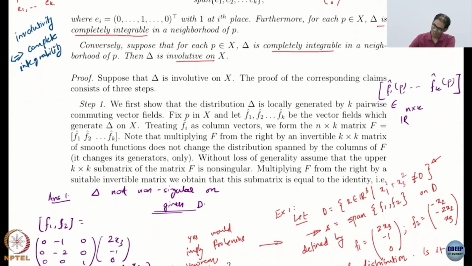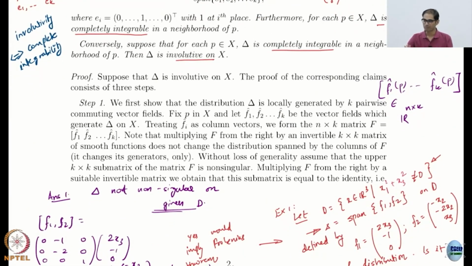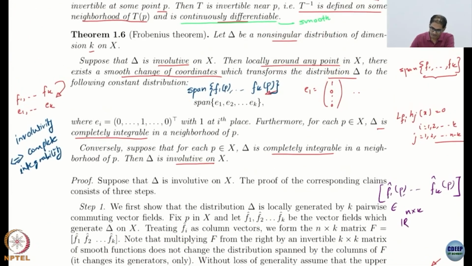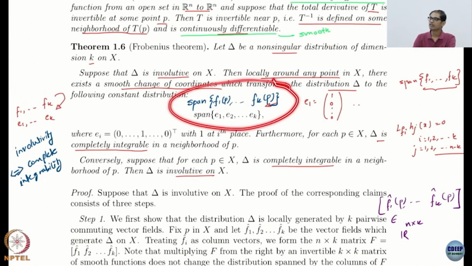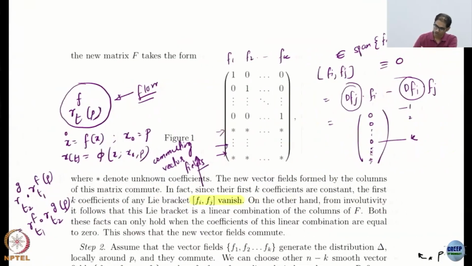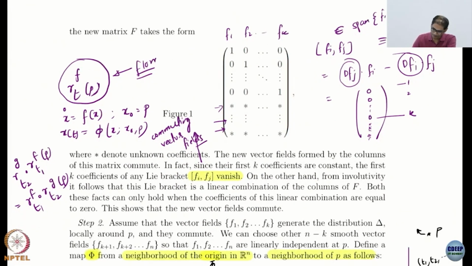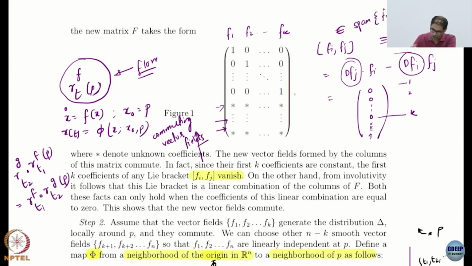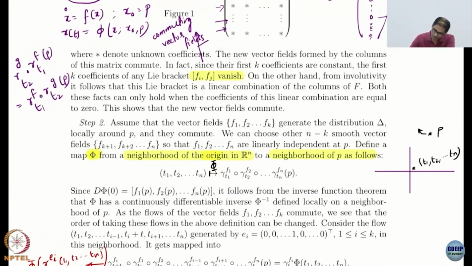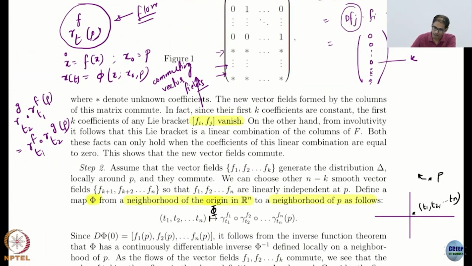All right, the proof, I will just sketch it for you. The proof goes in 3 steps. In step 1, what is being done is this: if you start with involutivity, any such f1 to fk will become e1 to ek. It does it in a rather nice, cool way, though not in completeness, but more or less.